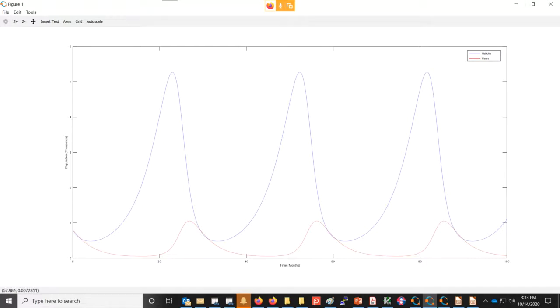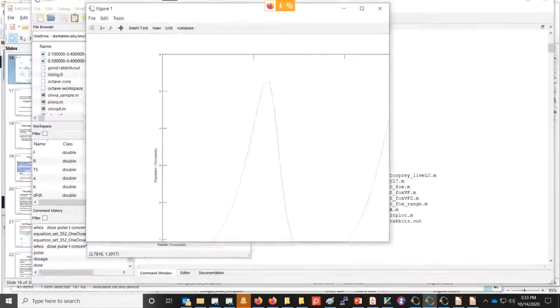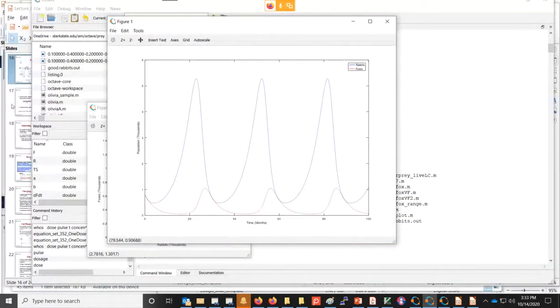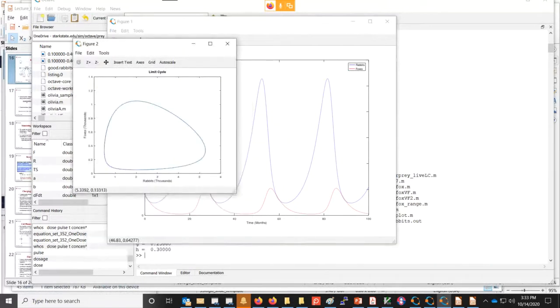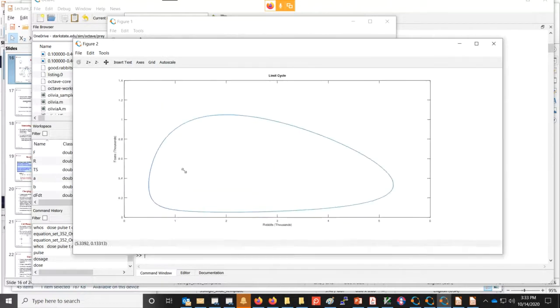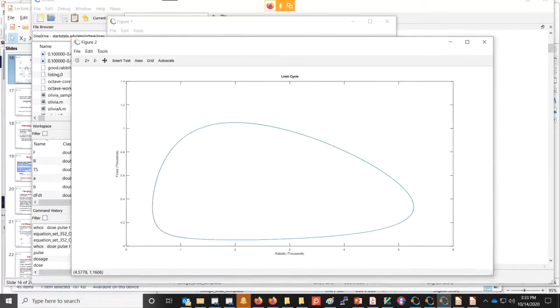But this is versus time, which is what we've been doing all semester long so far. What becomes interesting now is what happens if you plot the number of rabbits versus the number of foxes.